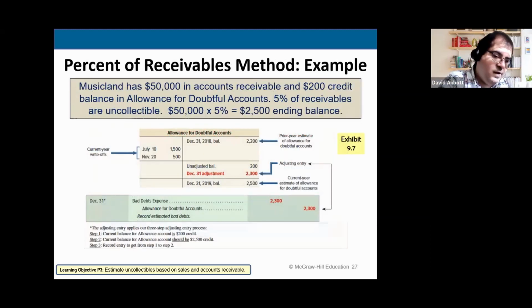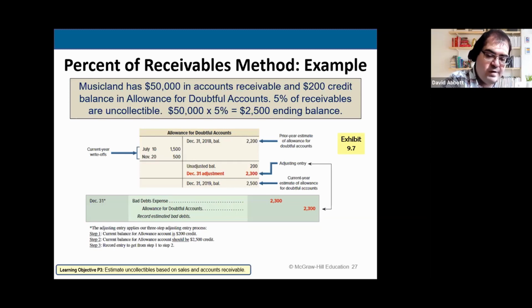And so we see an example of that here. Musicland has $50,000 of accounts receivable on December 31st of 2019. 5% of its receivable is estimated to be uncollectible. This means that after the adjusting entry is posted, we want the allowance for doubtful accounts to show a $2,500 credit balance, which is 5% of $50,000.